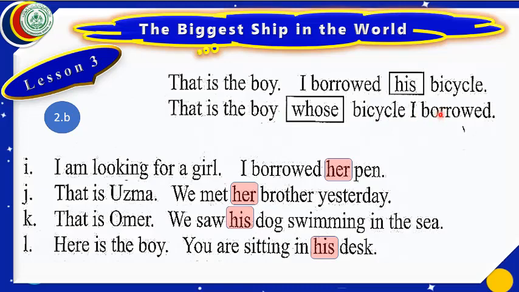Dear students, it is worth noting in fact that after first sentence we shall write the word whose and then the sequence of the given words in second sentence will change. That is the boy whose bicycle I borrowed. Let us try the same rule here.